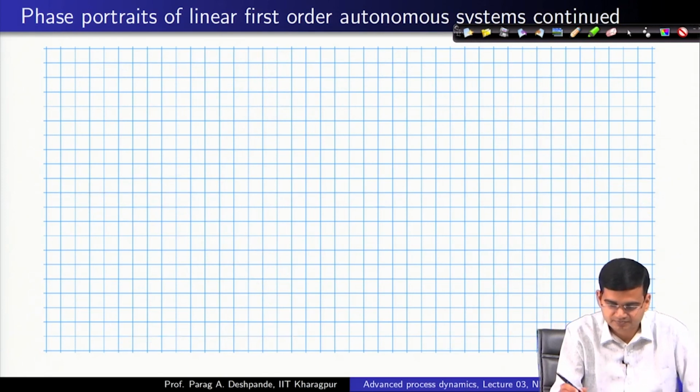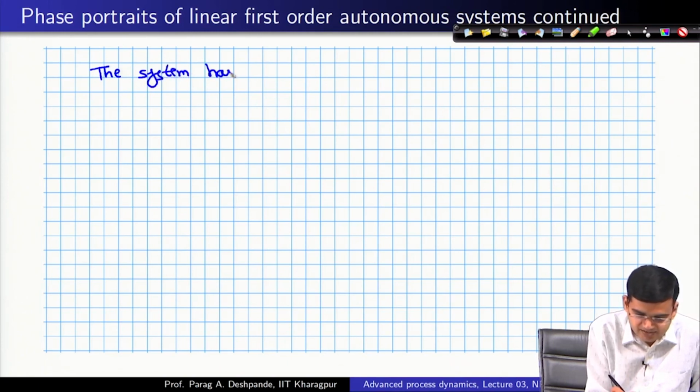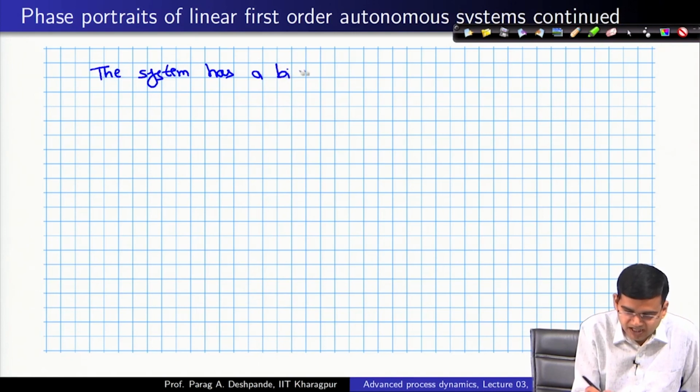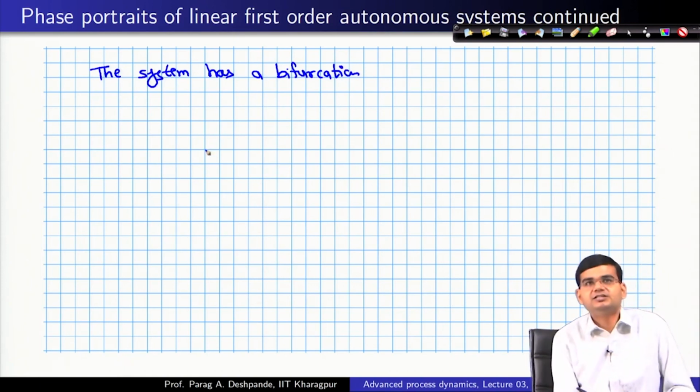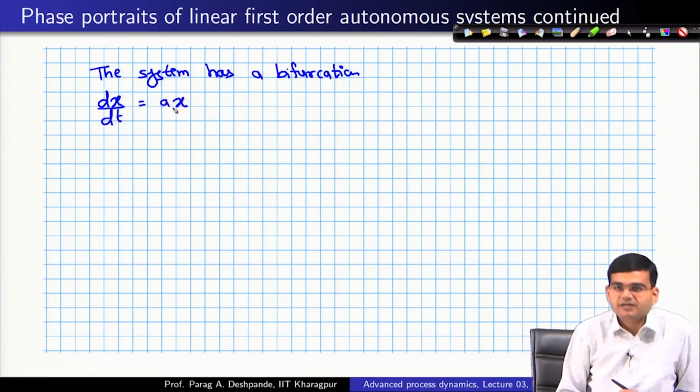So, we say that the system has a bifurcation. Okay. So, let us see what is our system. Our system is dx by dt is equal to a x, right.